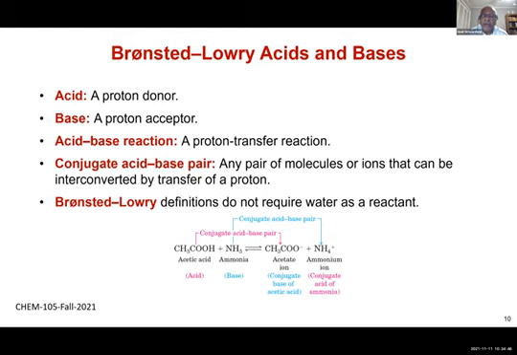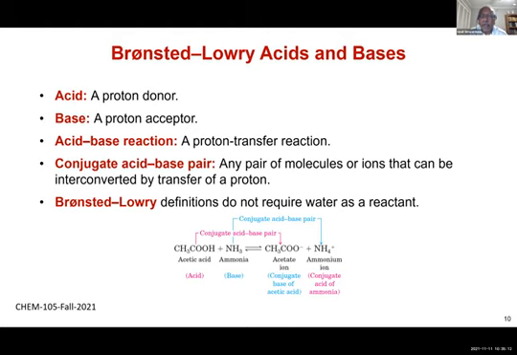Therefore, there are 4 acids and bases involved in the total reaction. The acid found on the right side is called the conjugate acid of ammonia.